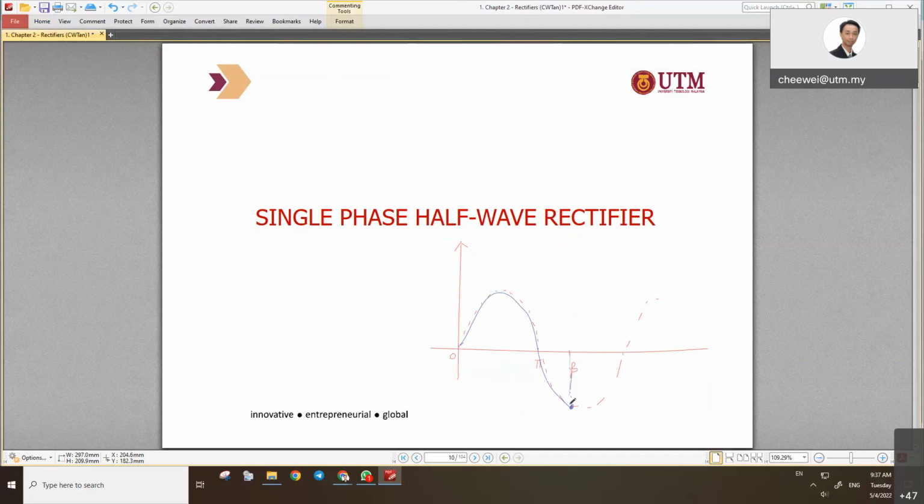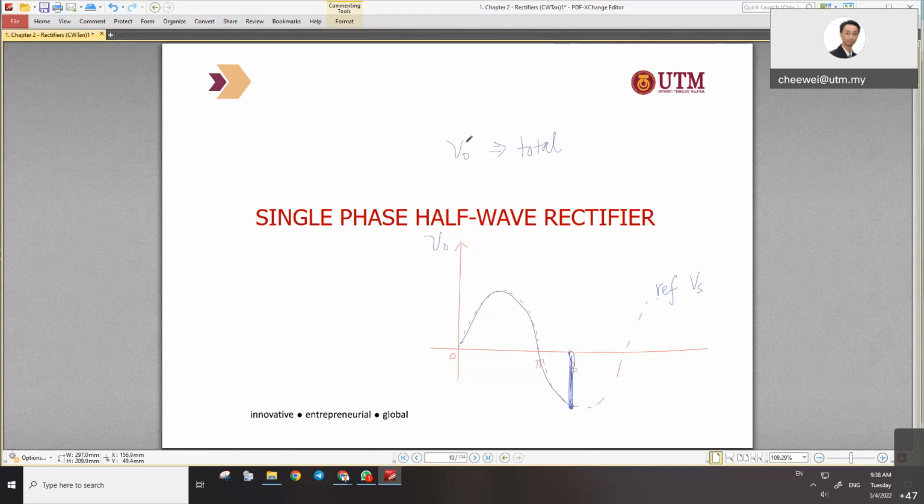So we just draw a straight line like this. Stopped already. The blue color is the waveform of V out. How do I draw it? I need to know when it started and when it stopped, following the reference of Vs, which is the input voltage waveform. That is V out, the total.